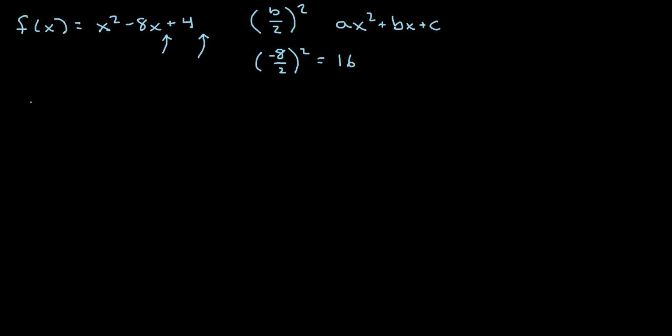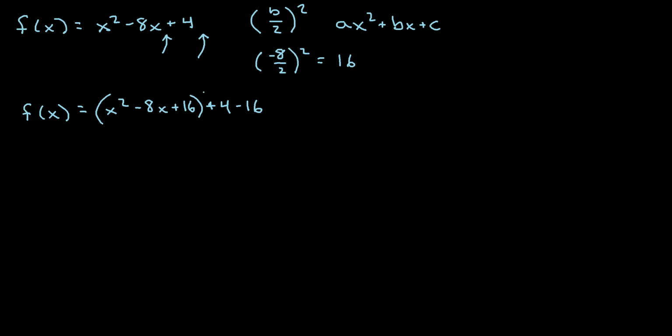So what we can do is rewrite this whole equation as f of x is equal to x squared minus 8x, and we'll add a 16, and we'll put that in parentheses, and we'll say plus 4, and remember we have to subtract the same value outside of the parentheses, so we'll say minus 16.